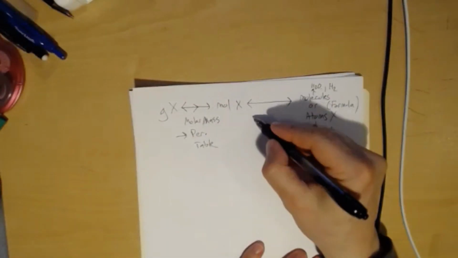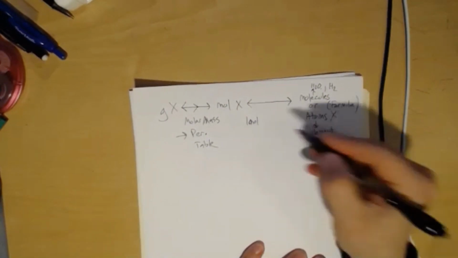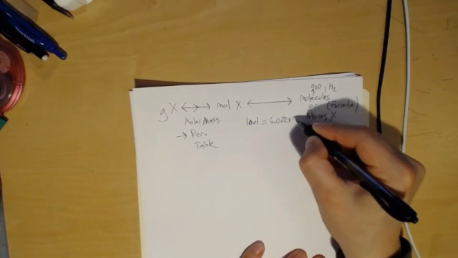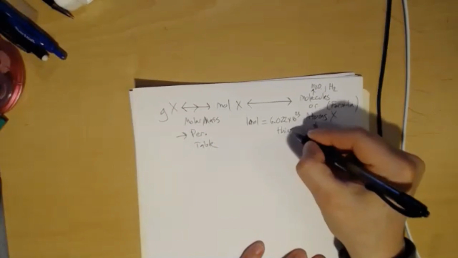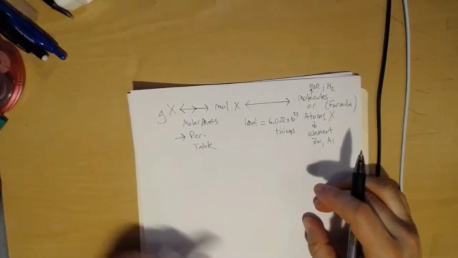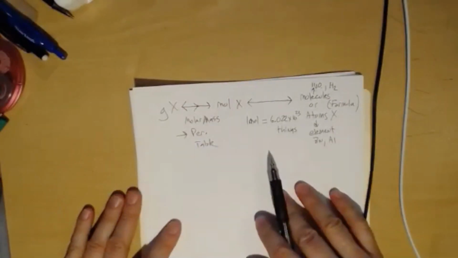So that is Avogadro's number. 1 mole of anything is 6.022 times 10 to the 23 things. It's really context dependent, and it's a bulk number. A mole is just like a dozen, right? Okay.